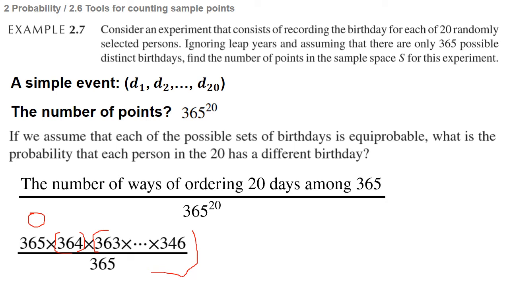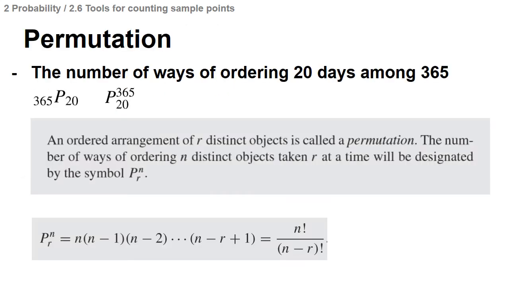And actually, this leads to the permutation part. And the permutation is the number of ways of ordering 20 days among 365, which can be described as 365P20.